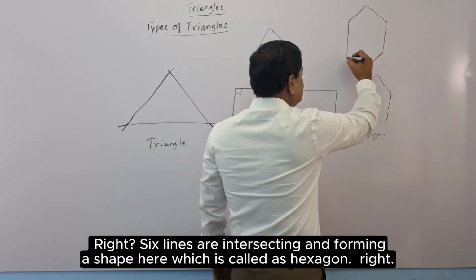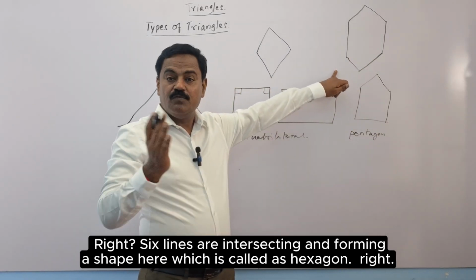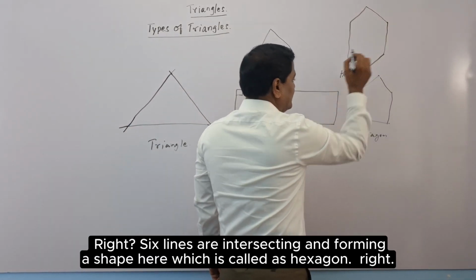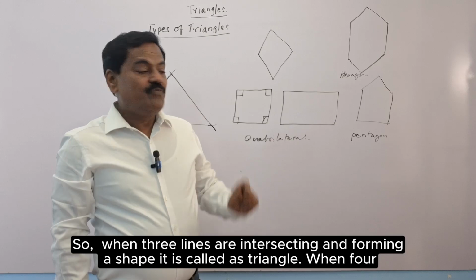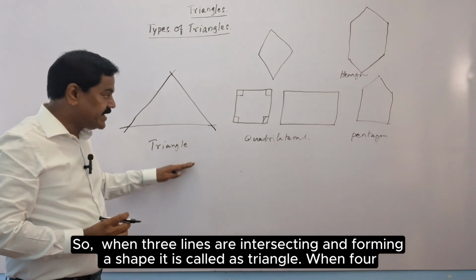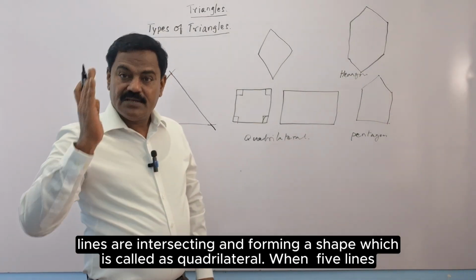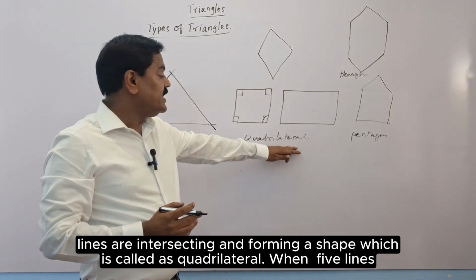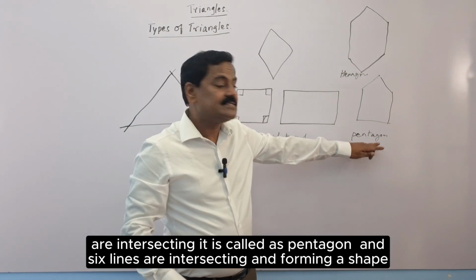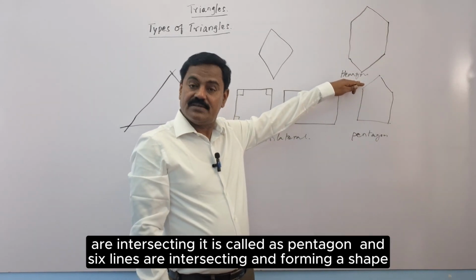Six lines are intersecting and forming a shape which is called a hexagon. So when three lines are intersecting, it is called a triangle. When four lines, a quadrilateral. When five lines, a pentagon, and six lines, a hexagon.